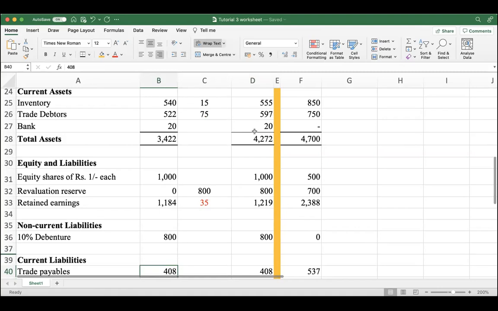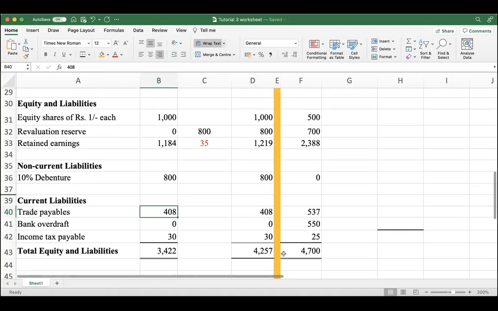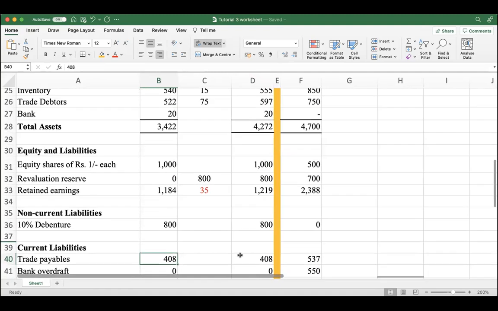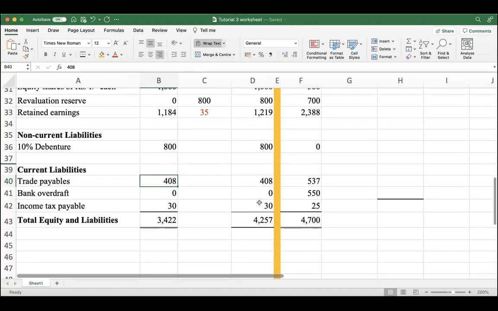Now you see here total assets is not equal to equity and liabilities. That doesn't matter, because we have not done double entries. What we did was we simply adjusted the relevant values to make them suitable for the analysis. Therefore, these total assets will not be equal to equity and liabilities.